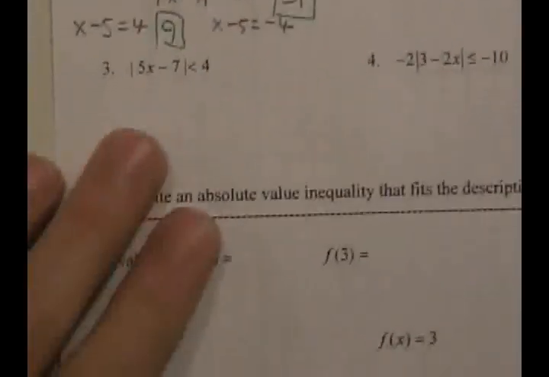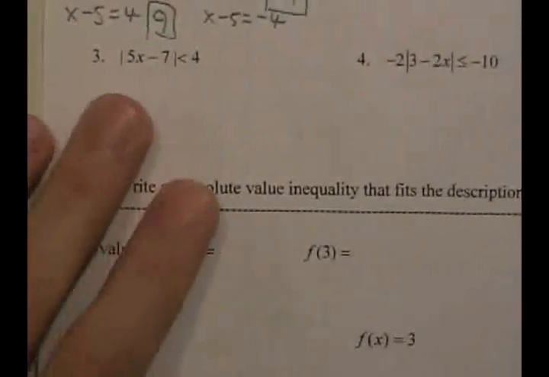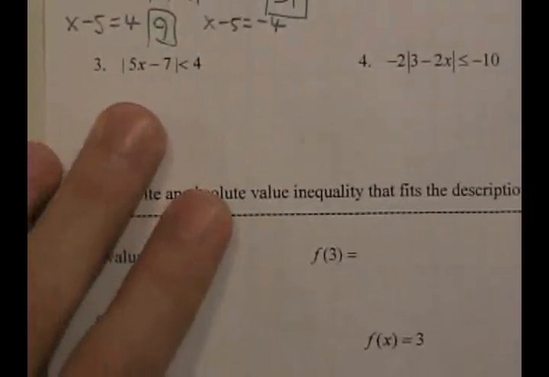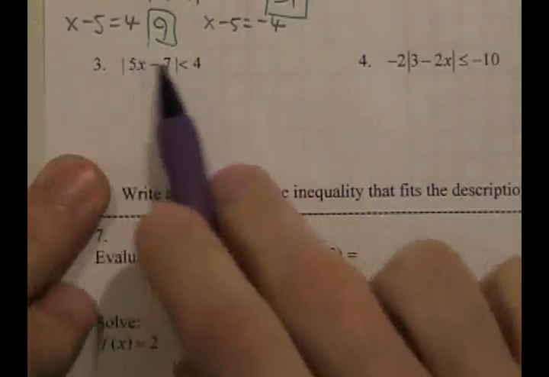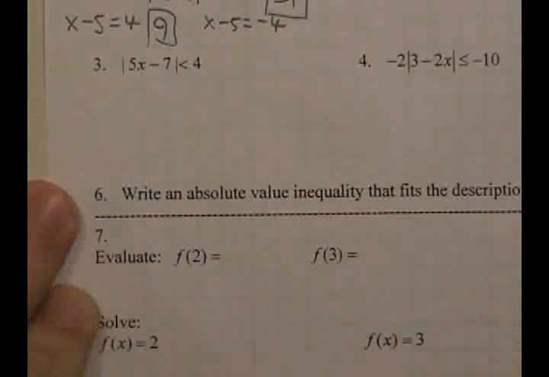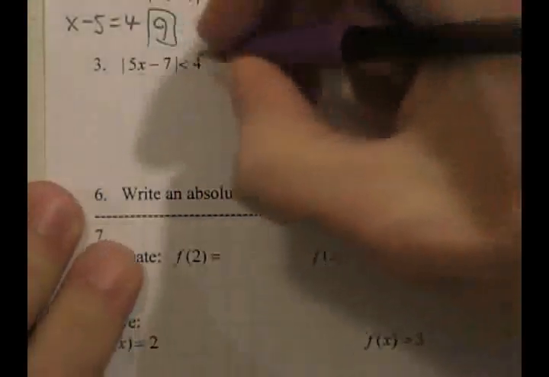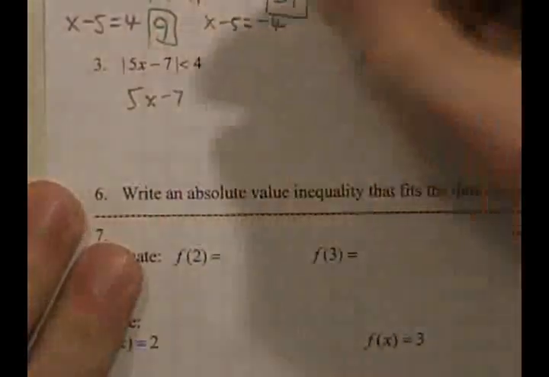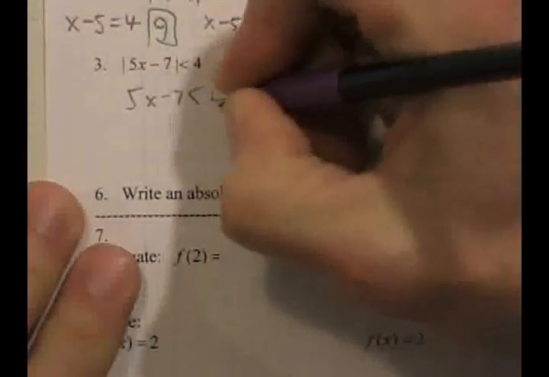Okay. This one here, if you have absolute value is less than some number, what you want to do is sandwich this inside expression between 4 and its opposite. So if it's a less than, it's pretty easy. You just want to make sure that 5x minus 7, drop the bars, is between 4 and minus 4.